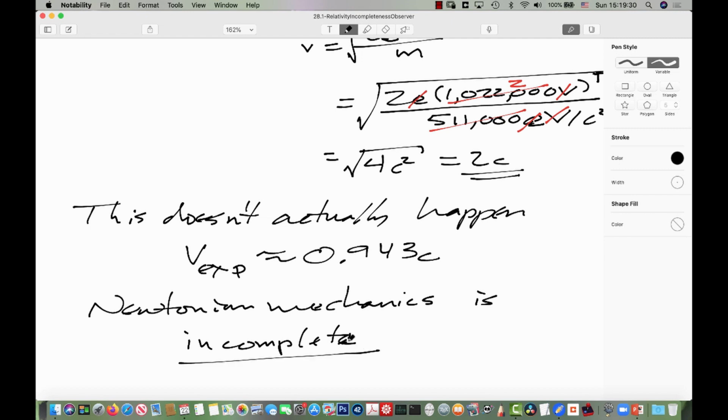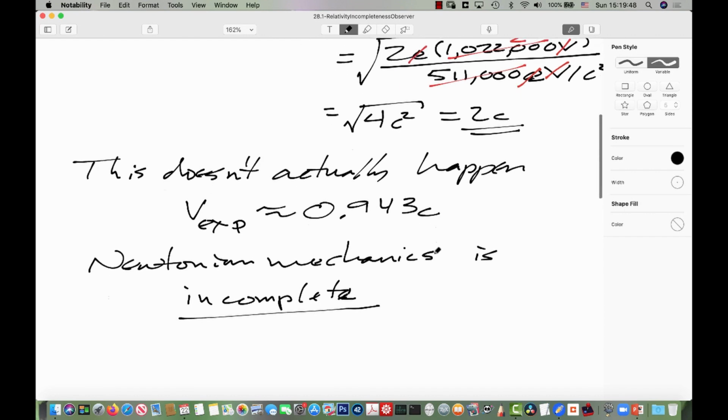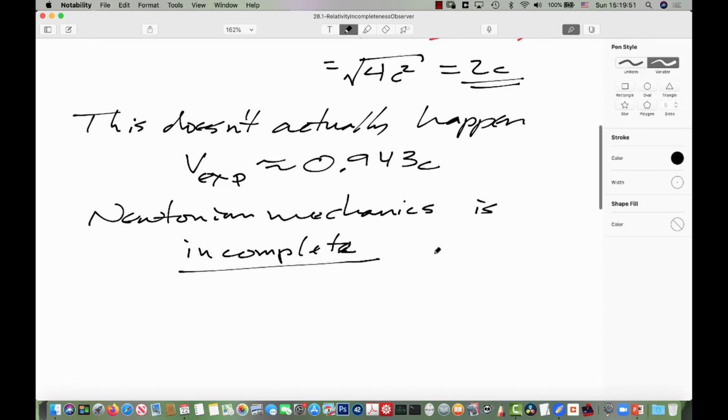Now, it is a very successful model, but we have found an experimental contradiction to it. Newtonian mechanics predicts that this electron would be moving at 2 times the speed of light. We actually find it's 94.3% the speed of light. And remember, first and foremost, physics is an experimental science. If even one experiment contradicts things, then that model is wrong.